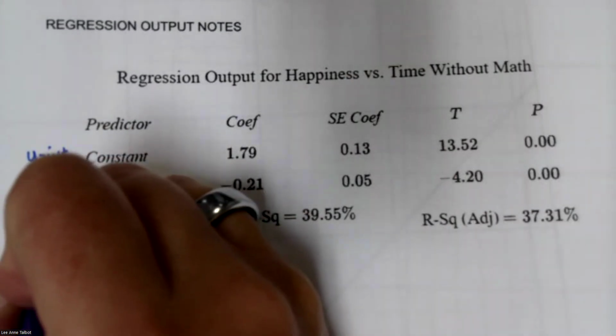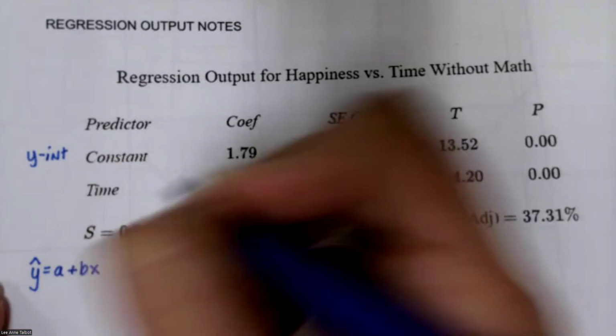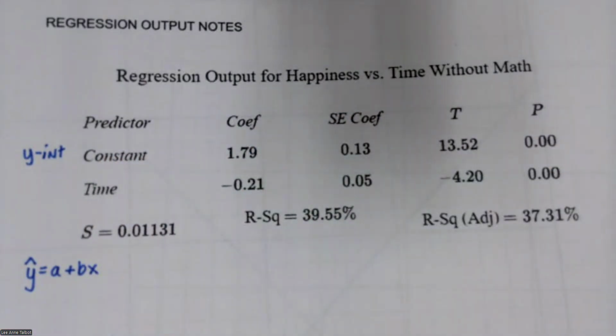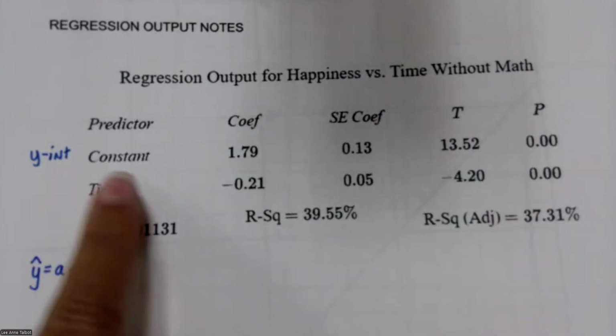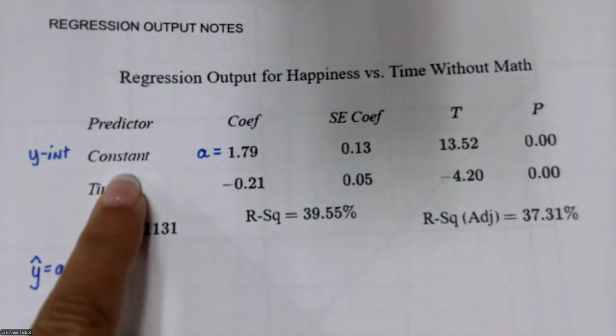Let's write that down here. Y hat equals a plus bx. Which one of those things is constant? A. Right. So this is telling you what the y-intercept is. So this number is A.